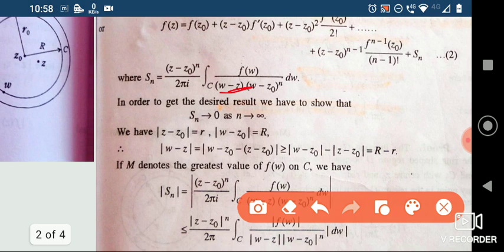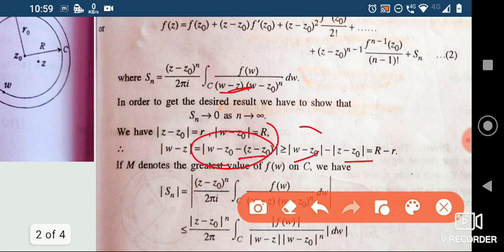We'll add and subtract z naught. So w minus z naught plus z naught minus z. Now here we use not Cauchy's, the triangular inequality. It's not exactly the triangular inequality. This is one of the inequalities where this term is greater than or equal to modulus of w minus z naught minus modulus of z minus z naught.